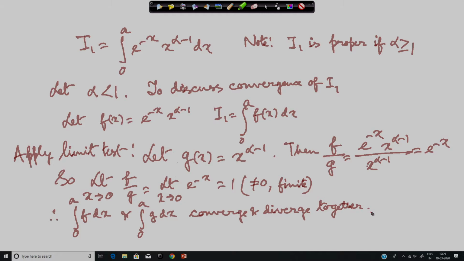That is, if integral g dx converges, then integral f dx also converges, and similarly if integral g dx diverges, then integral f dx will also diverge. So, now we have to find the condition of convergence or divergence of the integral g dx. The same will be the condition of convergence and divergence of f dx.